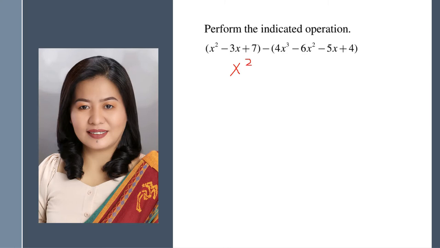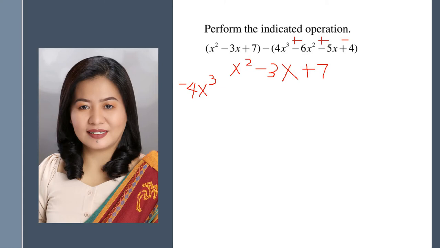So that's x squared minus 3x plus 7 and minus 4x cubed. And since this is minus, when we take out the parentheses, then all the operations after the parentheses will change to their opposite.